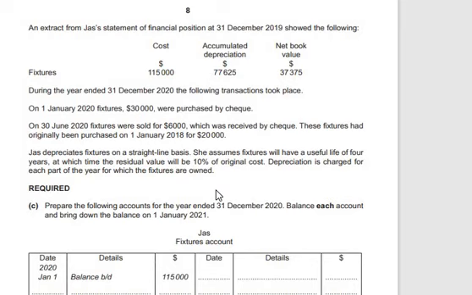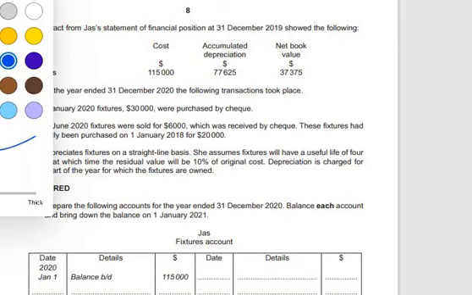Here is an example. We have an extract from JAS statement of financial position at the 31st December 2019, which showed the following, right?